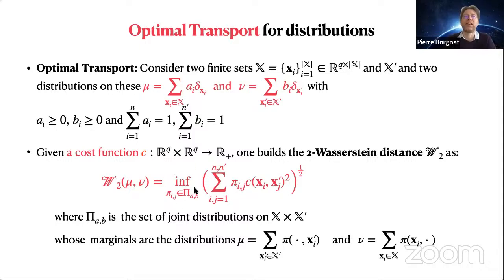And you minimize that, you try to find the minimizer of this cost function, and this gives you what is called the 2-Wasserstein distance of the distributions. For this cost function, you have the choice of the cost function, and in fact, you also have the choice of the norm.